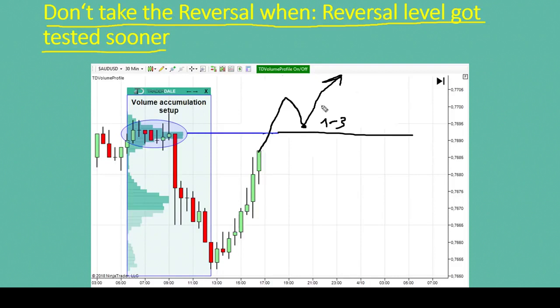Then it's already tested and the level is already spent, so you don't trade it anymore. So even if the price returns back to the level and actually touches it, you don't take a reversal, because the reversal got already tested right there. This is the reaction to the reversal.